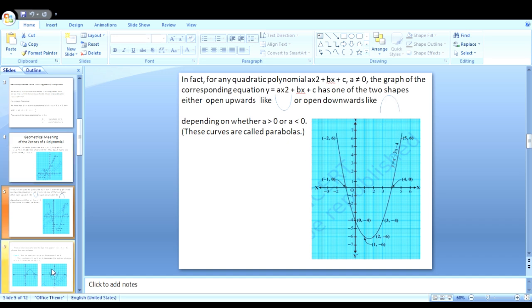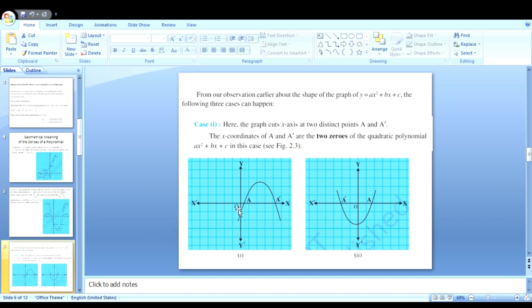So there are three cases in this. The first case is where you can see the curve touches the x-axis at 2 points, that is A and A dash. You can observe that the curve is touching the x-axis at 2 points, which indicates that there are two zeros. Now we will see case 2.